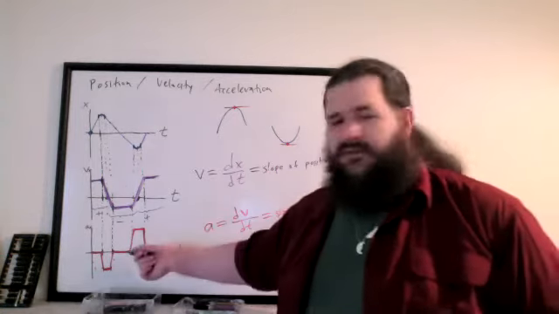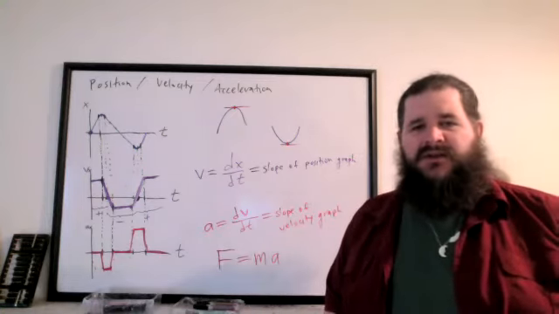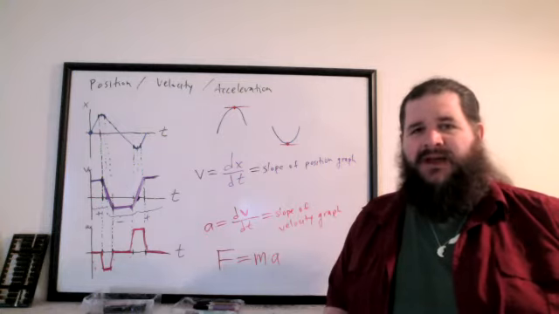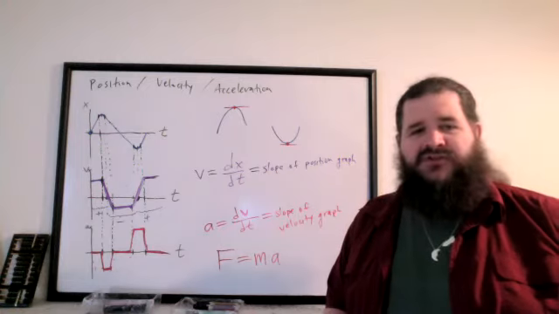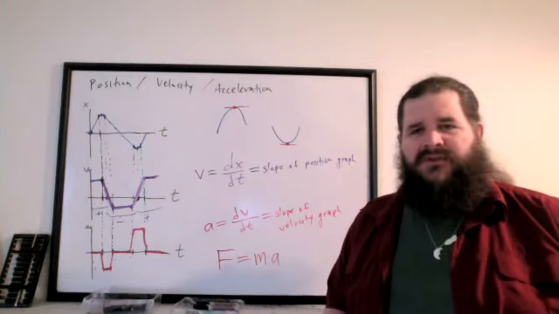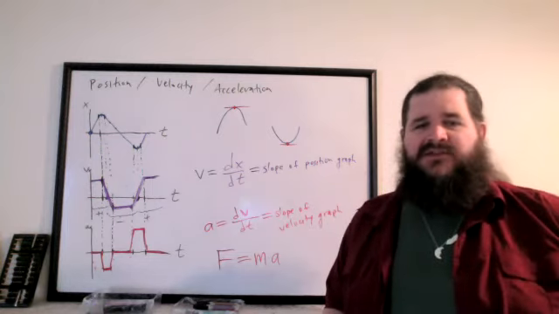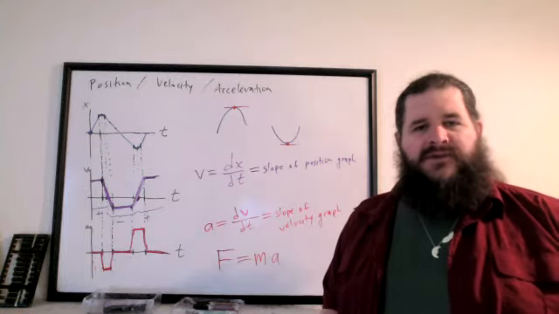And the acceleration graph being continuous means forces take time to activate and deactivate. You can't just turn a force on and off instantly. It takes a little bit of time for that to happen. So realistically, all of these graphs should be continuous. But sometimes a sudden change is easier to analyze mathematically and is close enough to reality. Any questions on that so far?